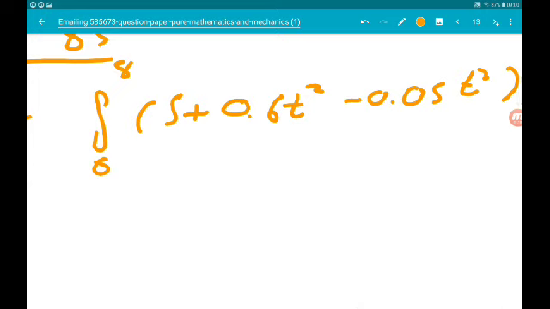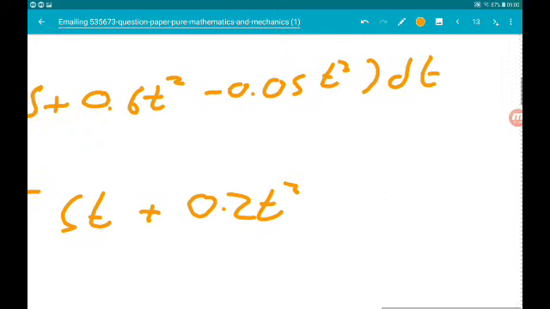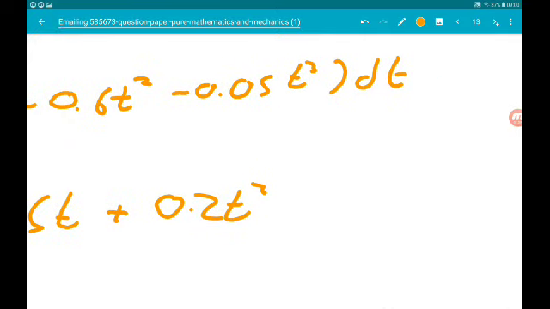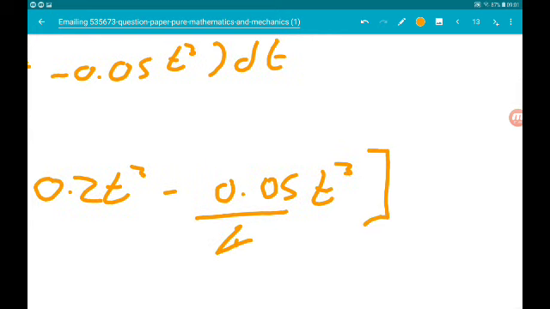So that's going to give us 5t plus 0.2 t cubed minus 0.05 over 4 t cubed between 8 and 0.